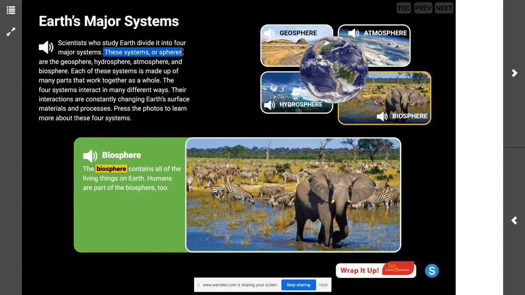These systems, or spheres, are the geosphere, hydrosphere, atmosphere, and biosphere. Each of these systems is made up of many parts that work together as a whole. The four systems interact in many different ways. Their interactions are constantly changing Earth's surface materials and processes. And again, we can look at the photos to learn more about these four systems.